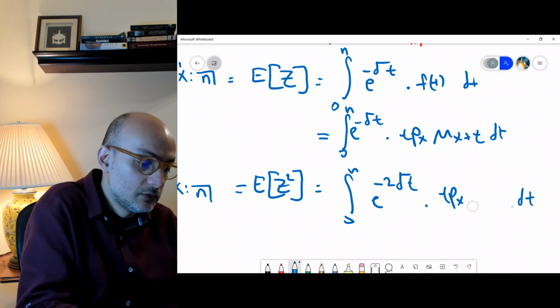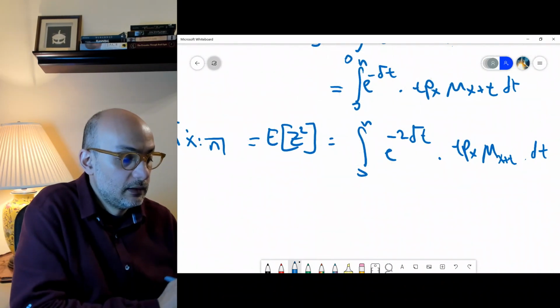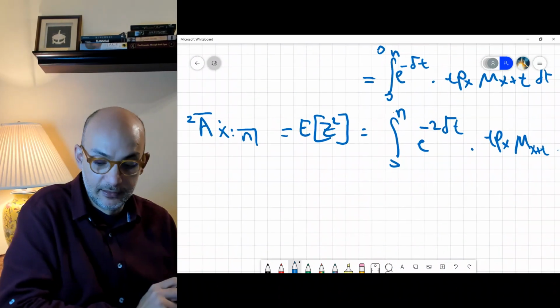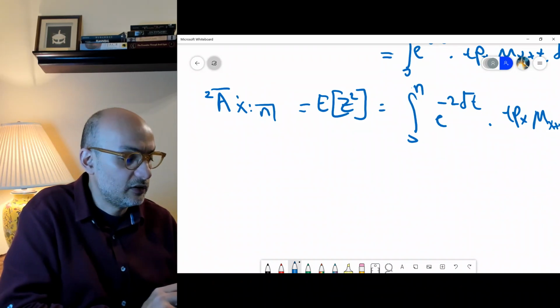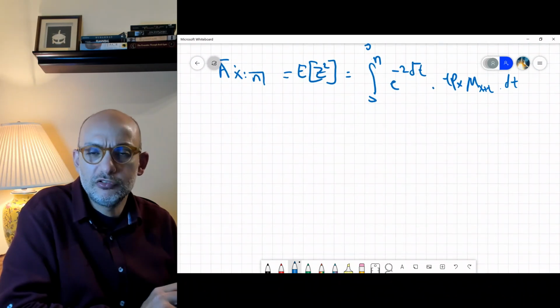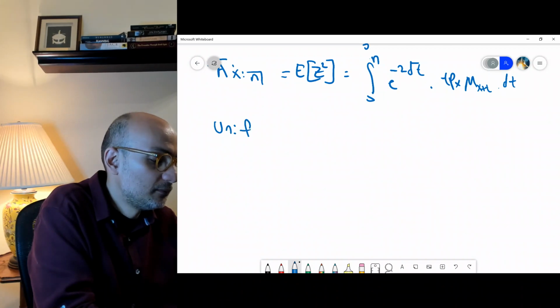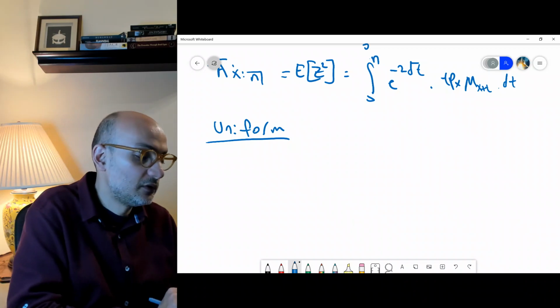This is μ tpx μ x plus t multiplied by dt, right? And the term here is important because this is term insurance, to say it's until n. Now, similar to what we did in the previous session, we are especially interested in the uniform distribution.